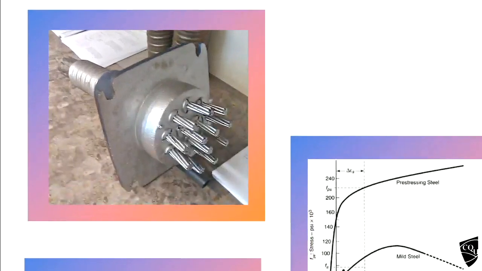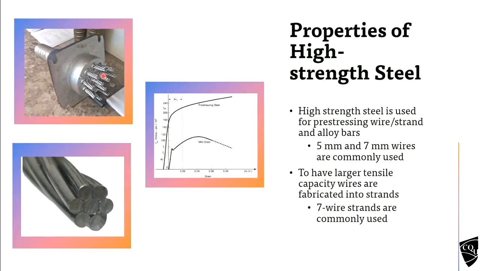If you look at this one, this is called one tendon, T-E-N-D-O-N. This one has multiple strands. This is one strand, this is a strand here, 1, 2, 3, 4, 5, 6, 7, 8, 9, 10 or 12 or 13, something like that.